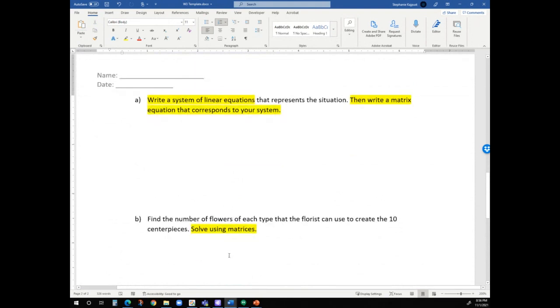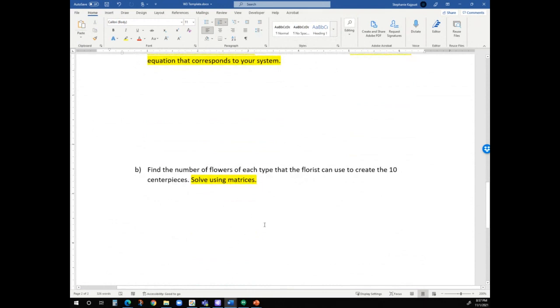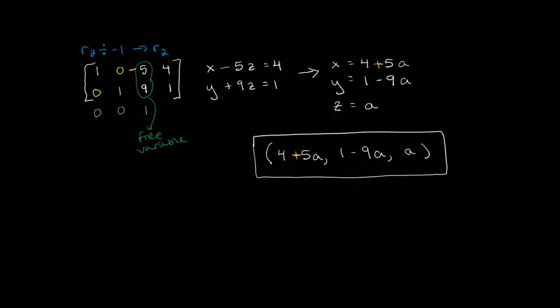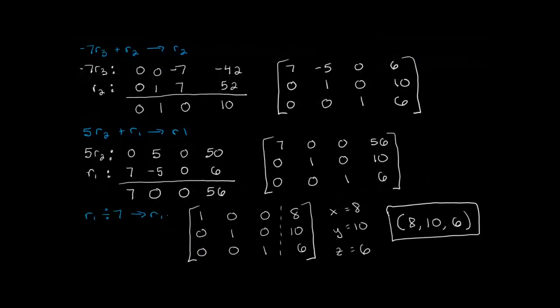Just make sure you tell me what you started with, the command you typed in, and what you ended with. And if you used Octave, you can just take a screenshot and put it here. That would be okay too. But make sure that you're giving me a sentence with your final answers, because it does say find the number of flowers of each type that the florist can use. A matrix doesn't tell me what your variables are. Like if I go to our 3x3 we had here, if you just give me the final matrix where it says 8, 10, and 6, I don't know which flower goes with each number.